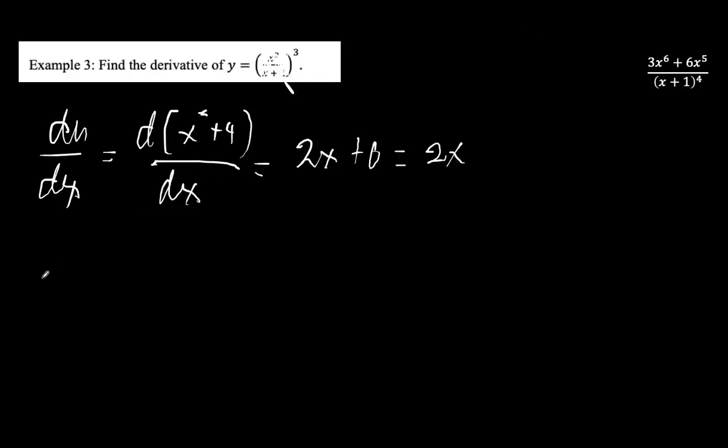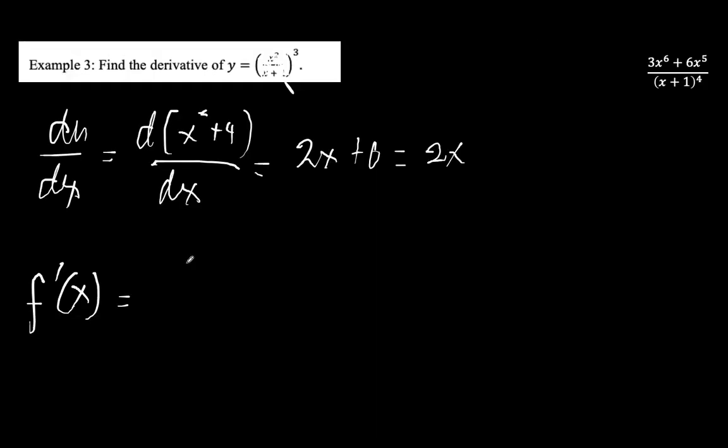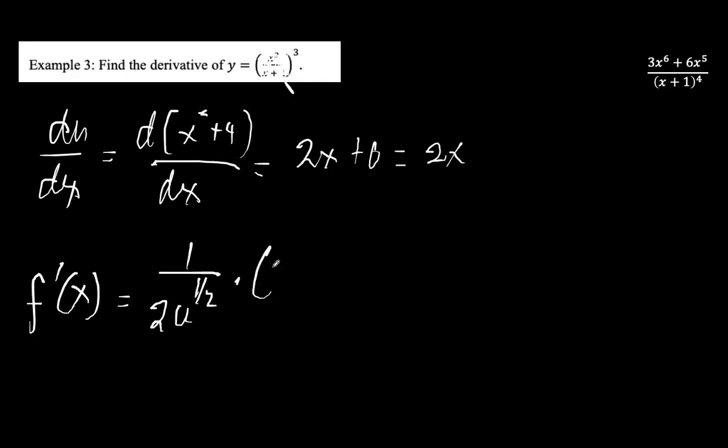So let's now substitute them here. We have the derivative of f in terms of u is 1 over 2 u raised to 1/2 times the derivative of u in terms of x, which is 2x. And let's simplify. So that's 2x over 2 square root of u.